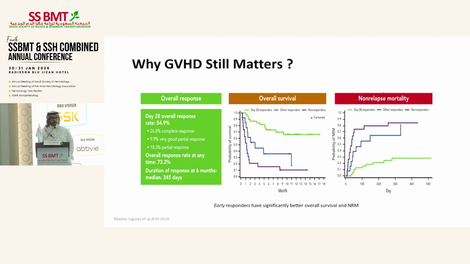So early responders to GVHD have significantly better overall survival and relapse mortality. And this is shown in this slide. If you look at the overall survival, you will see those patients who responded to the GVHD treatment by day 28 have a much better overall survival compared to the patients who respond late.